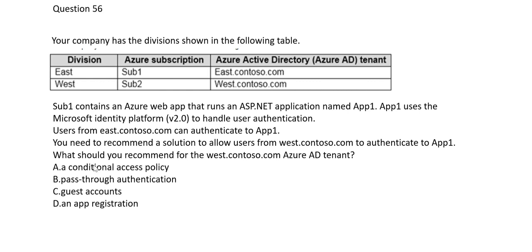Now, between A and B, for A, conditional access policy, you do not need a conditional access policy here. Why do we create conditional access? Suppose Netflix has servers in the US, on the cloud in the US region, and there is a policy which states that if users are accessing from Afghanistan, you need to block certain content or give limited access.